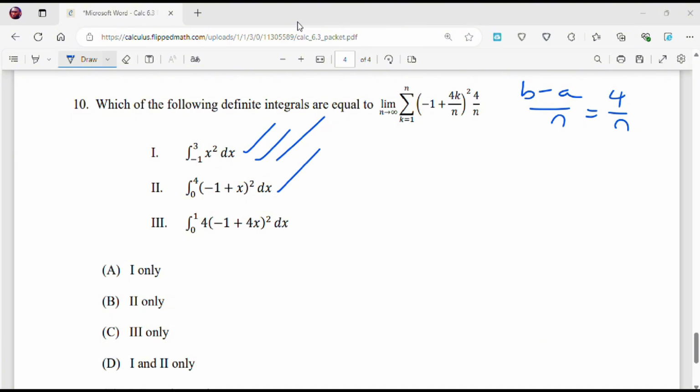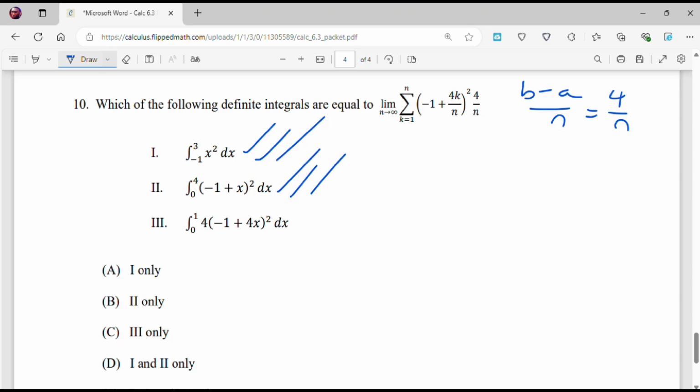So remember that if you have x minus 1 in a parentheses, you have a shift to the right by 1 unit. And if you look at the limits, they are shifting. They have an increase of 1 unit. And so 2 also works.